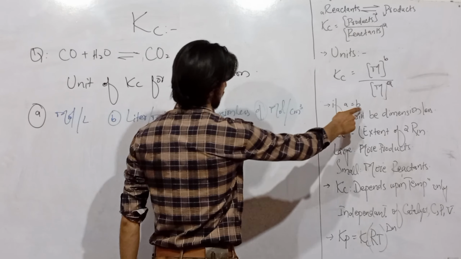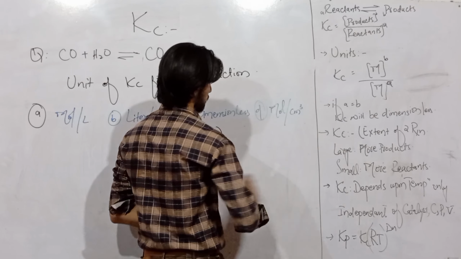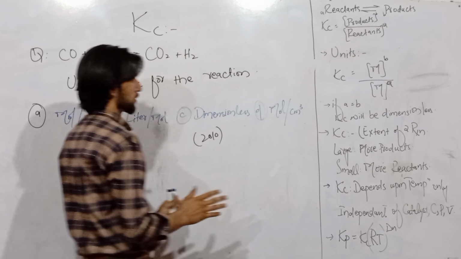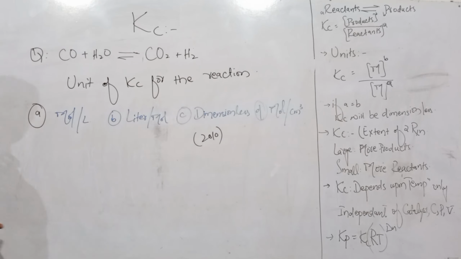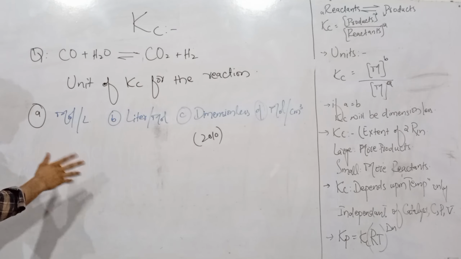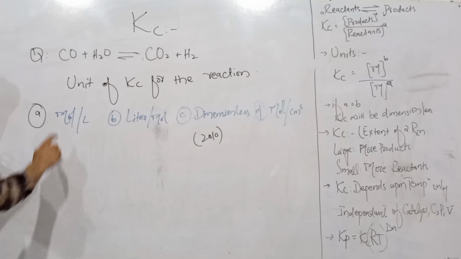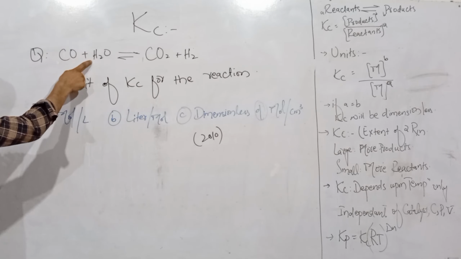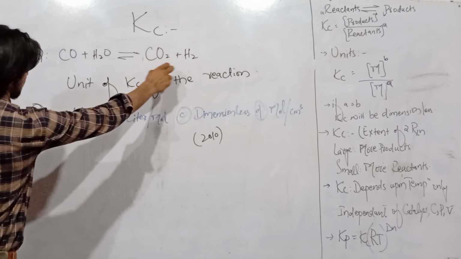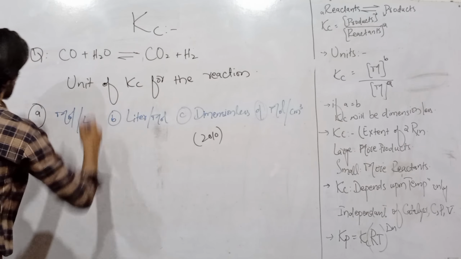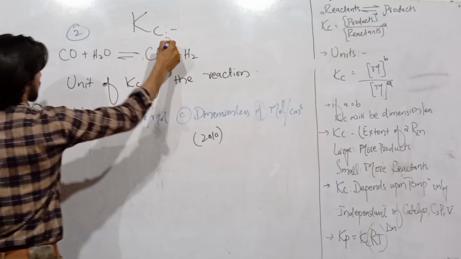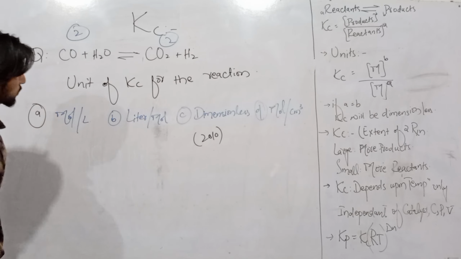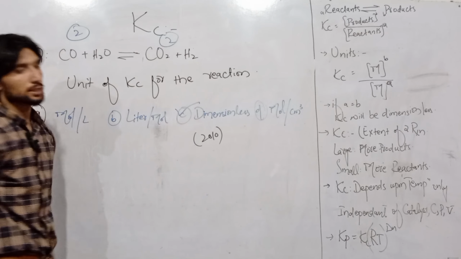If the coefficients on both sides are equal, then we will have a dimensionless Kc. So here we will find out if the number of moles on both sides are equal or not. Here the number of moles on the reactant side is 1 water molecule and 1 carbon monoxide, and on the product side 1 carbon dioxide and 1 H2. So the total number of moles is 2 here and 2 there. Both of them cancel each other out, so we will have a dimensionless Kc.